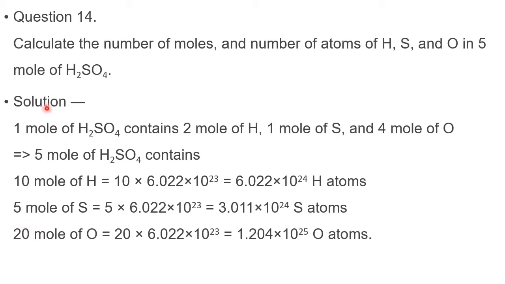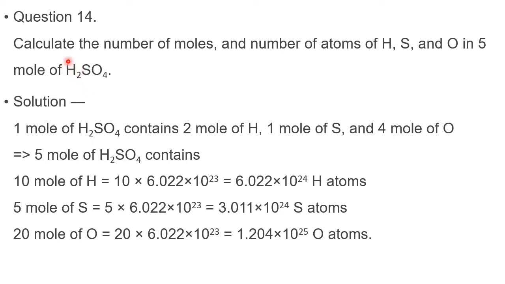14th question. Calculate the number of moles and the number of atoms of H, S, O in 5 mole of sulfuric acid, H2SO4. 1 mole of H2SO4 contains how many moles of hydrogen? 2.